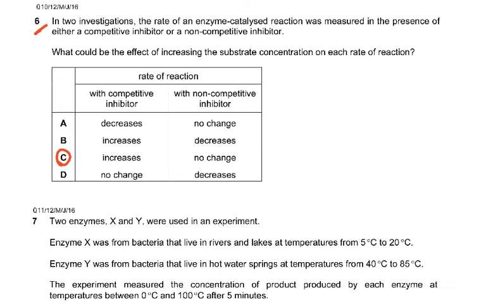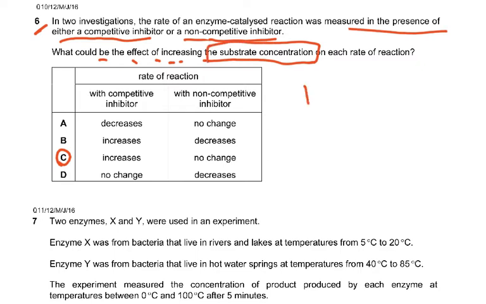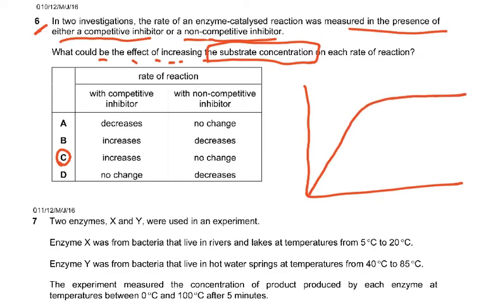In the two investigations, the rate of enzyme-controlled reaction was measured in the presence of either a competitive or a non-competitive inhibitor. What could be the effect of increasing the substrate concentration? Now, if you remember, the enzyme reaction starts off like this, and then it reaches a Vmax and levels off.